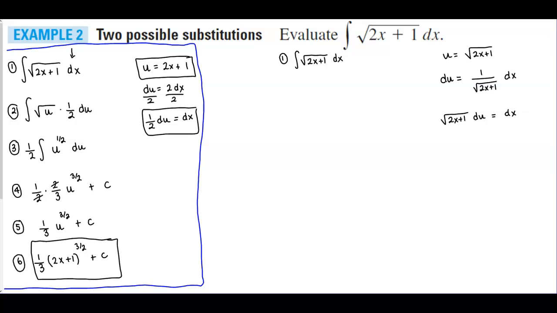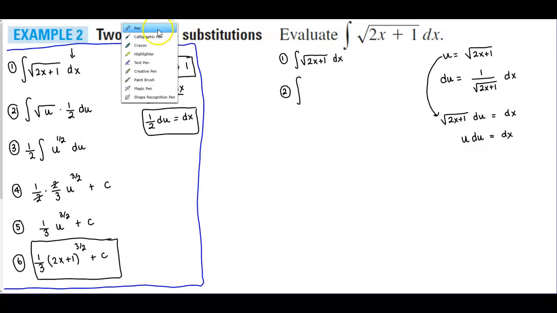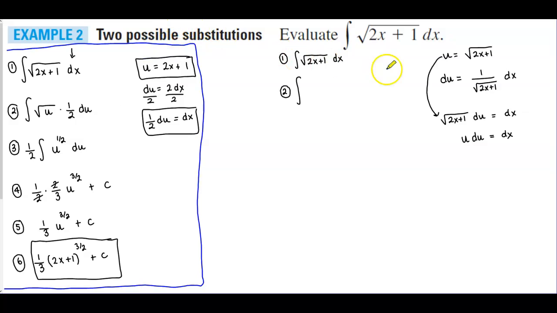And then what do we know that u equals? Well, it's going to equal the square root of 2x plus 1. So that's going to be u du, which is equal to dx. Okay? So, what do we know here? Well, we know that this square root of 2x plus 1 is equal to u.